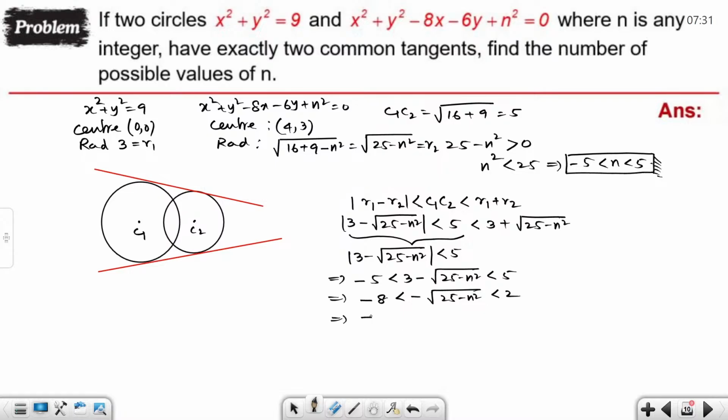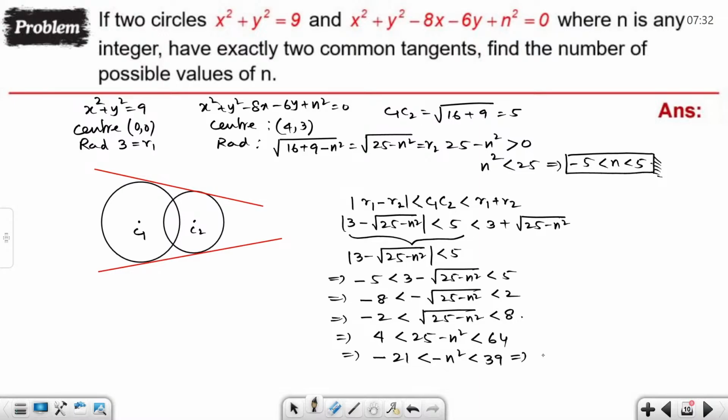So we are getting minus 2 less than root over 25 minus n square less than 8. Now if I square both sides, we are going to have 4 is less than 25 minus n square is less than 64. So from here we are getting minus 21 less than minus n square less than 64 minus 25, that is 39. Is it clear?